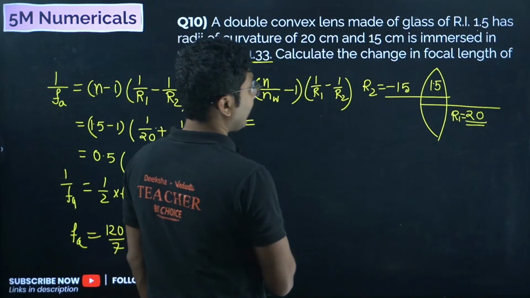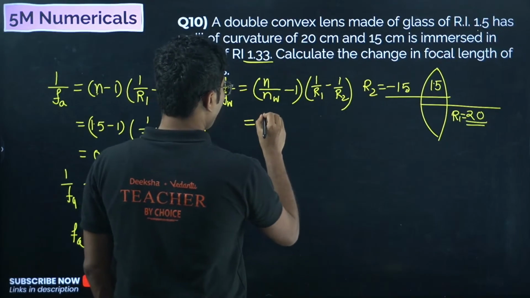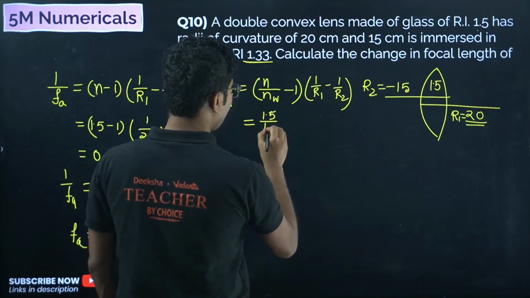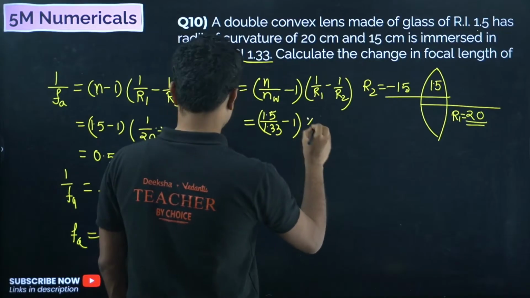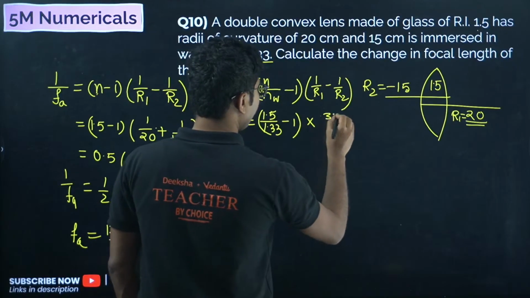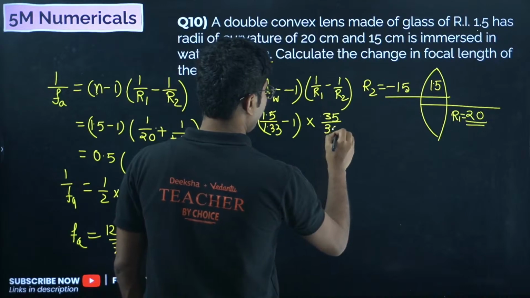So it will be 1.5 by 1.33 minus 1 into 35 by 300.